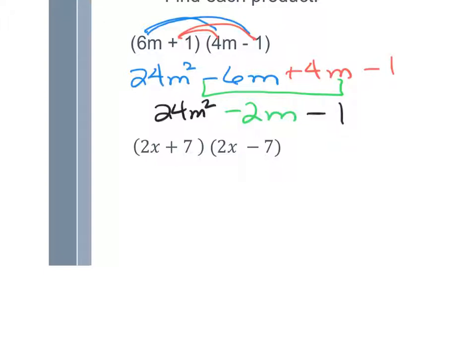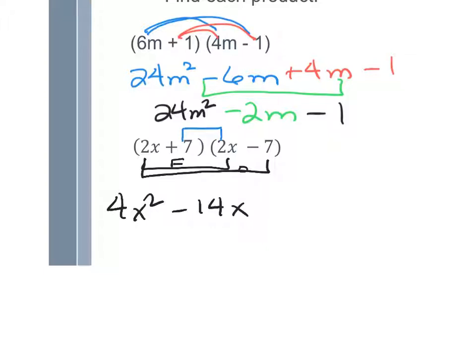So again, if you're just distributing, you're going to distribute the 2x to the 2x, and the 2x to the negative 7. Again, this could also be described as FOIL. 2x times negative 7 is negative 14x. Then we'll go to the 7. It distributes there, which is also inner.